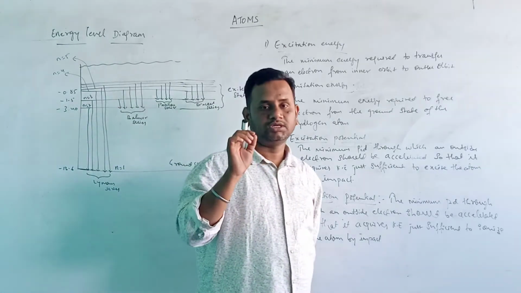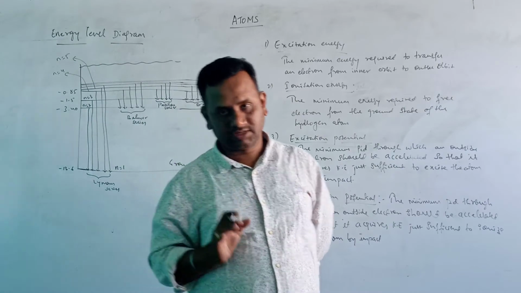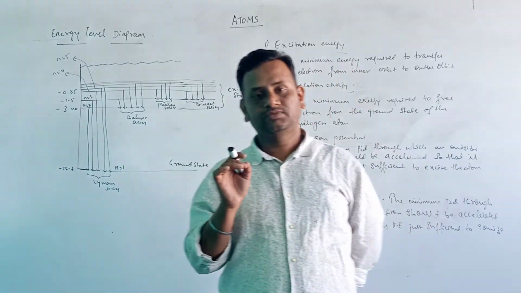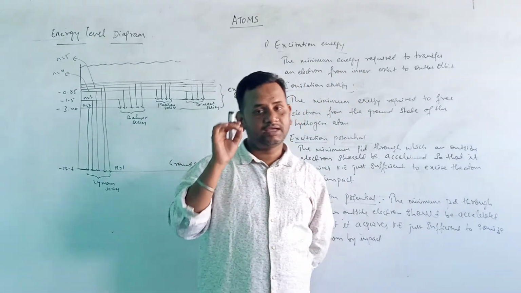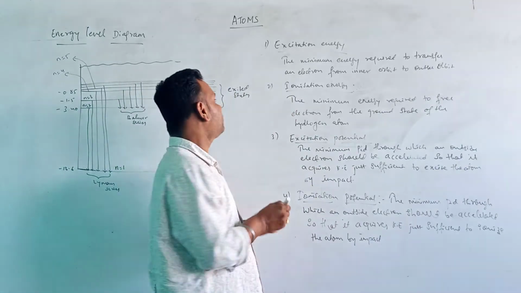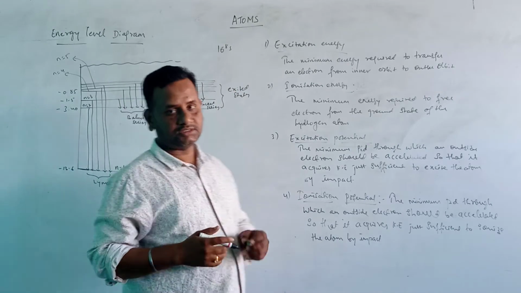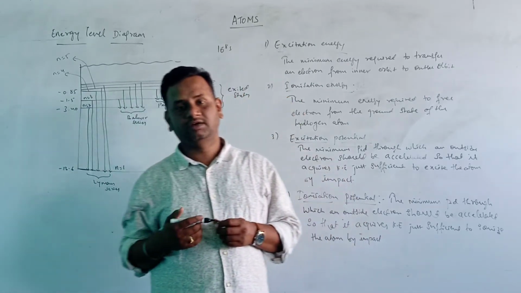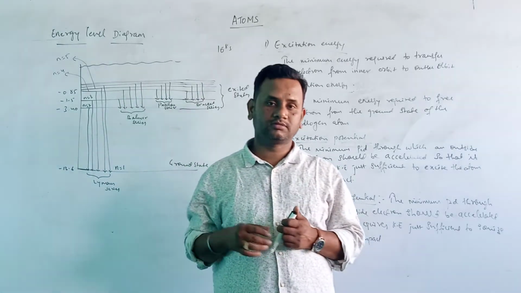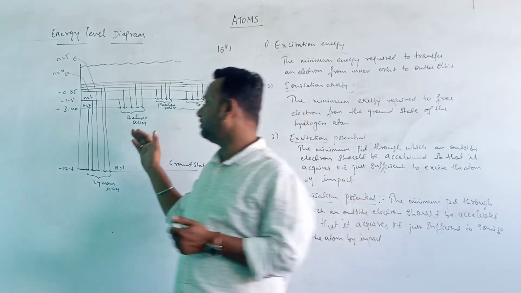That is the lifetime of the electron in the higher orbit. After that the electron again jumps from the higher orbit to the lower orbit. That is what is happening here.